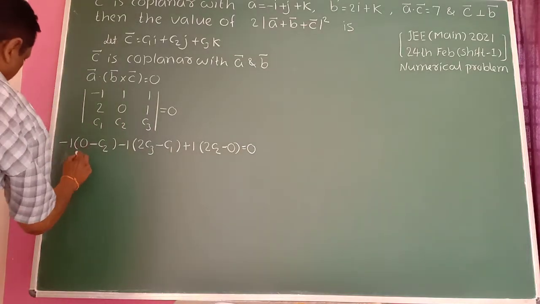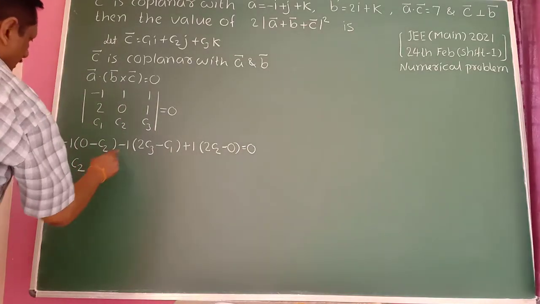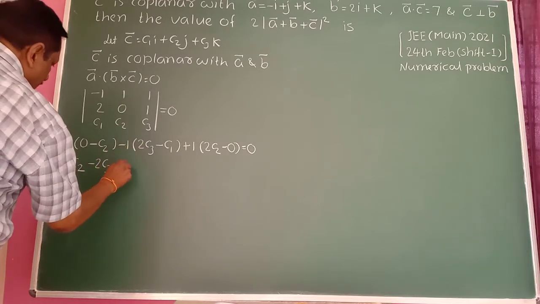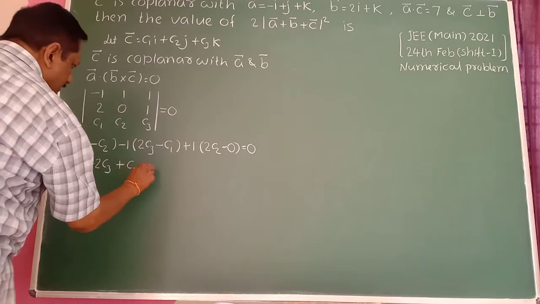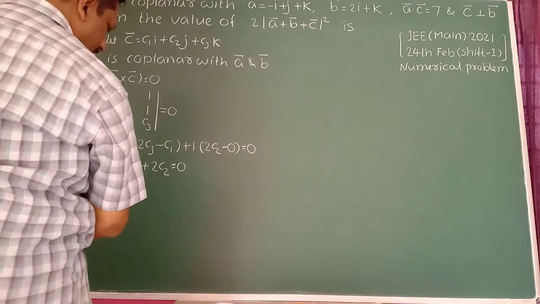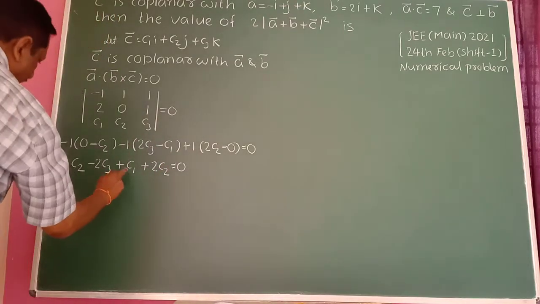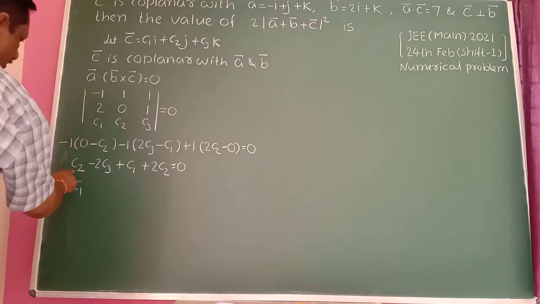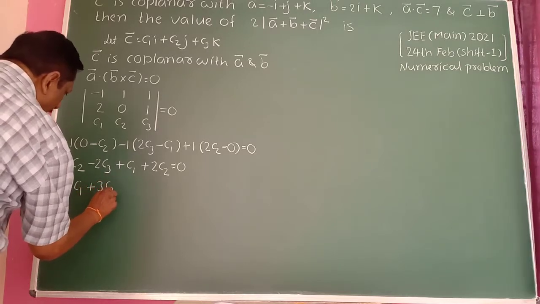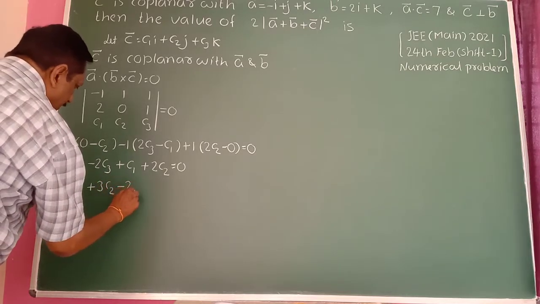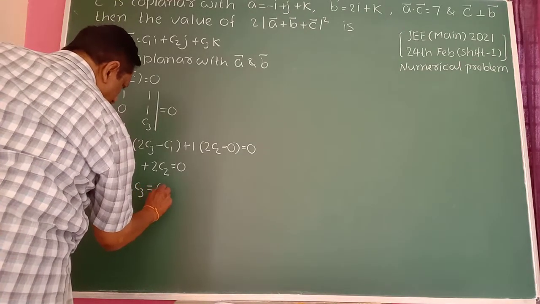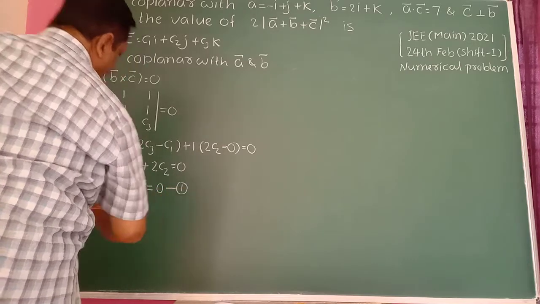So C1 plus 2C2 plus C2 becomes 3C2, minus 2C3 equals 0. Take this as equation number 1.